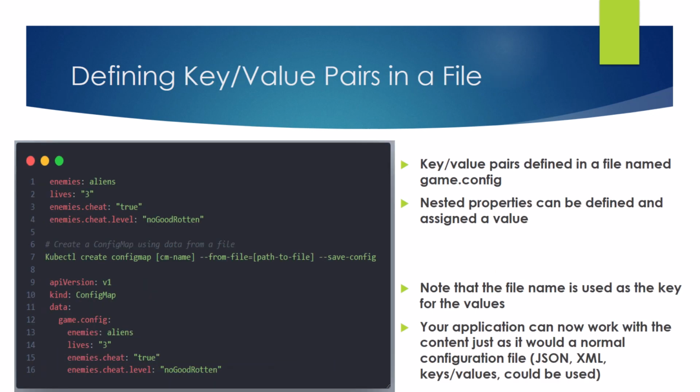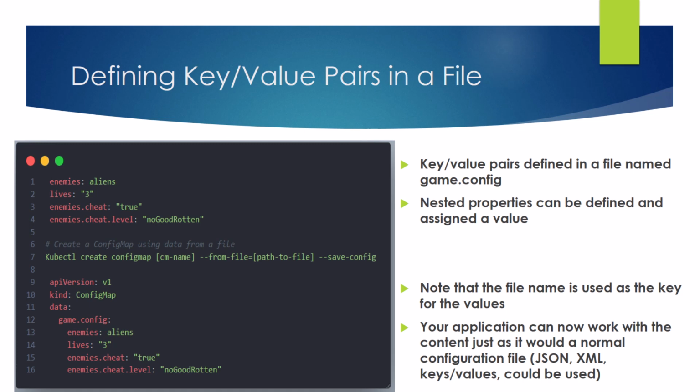Now another option is you could get the data up into Kubernetes by loading it from a config file. So in this case, notice our key value pairs are just a normal file. Let's say this is called game.config as an example. And then we can use kubectl to get all these properties up into Kubernetes.